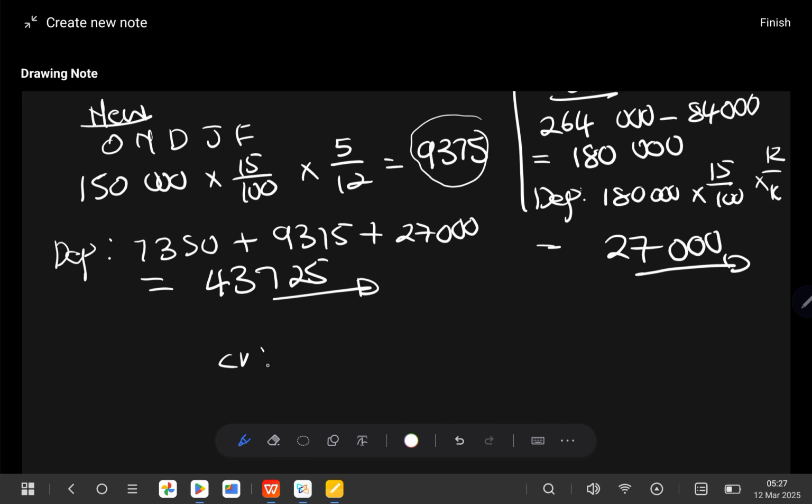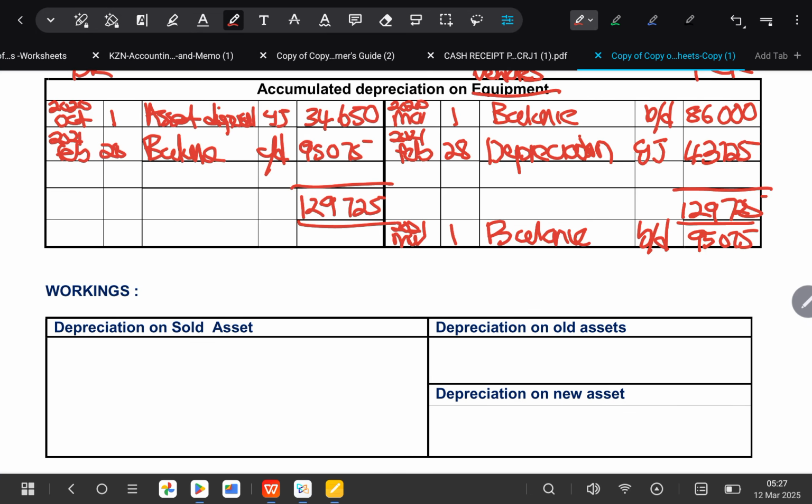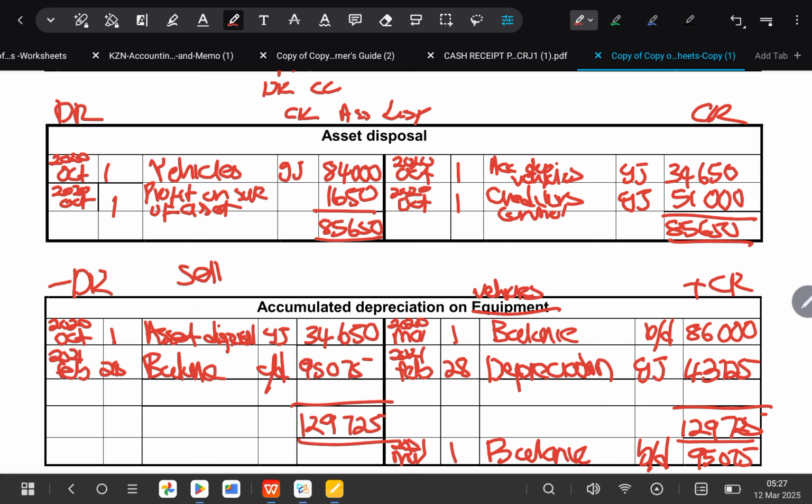So our CV was 49,350, but our selling price was 51,000. So let's check 51,000 minus 49,350. It gives us 1,650, which is our profit. Okay, so let's check in our ledger account that 1,650. Here it is, profit on sale of asset.